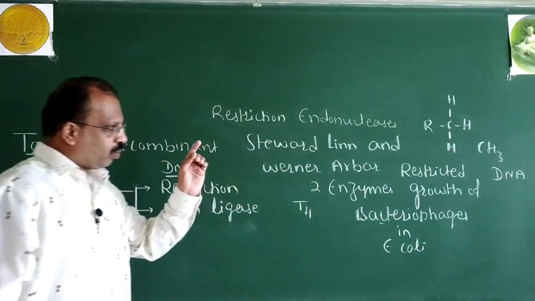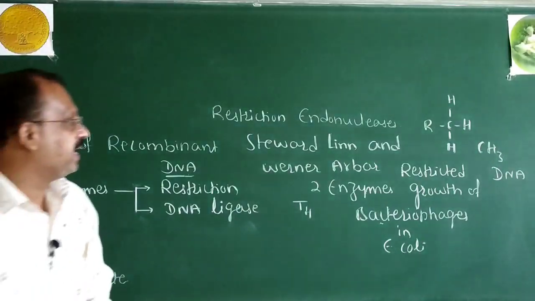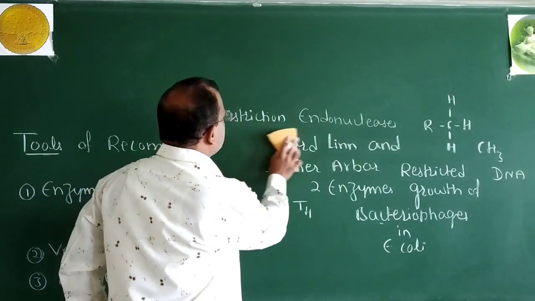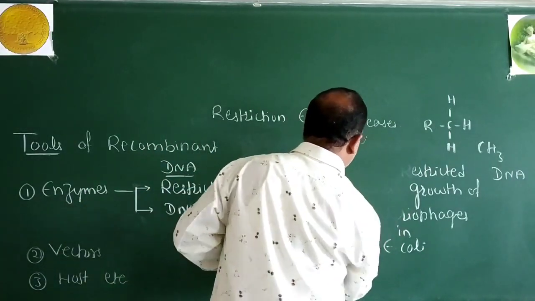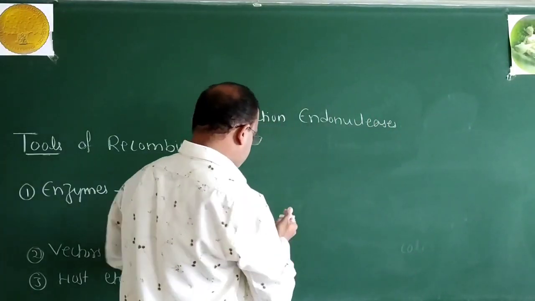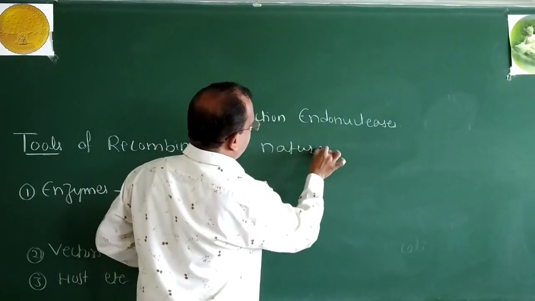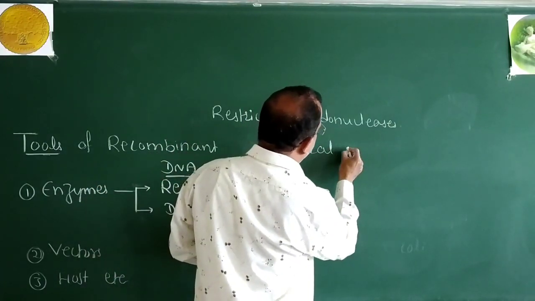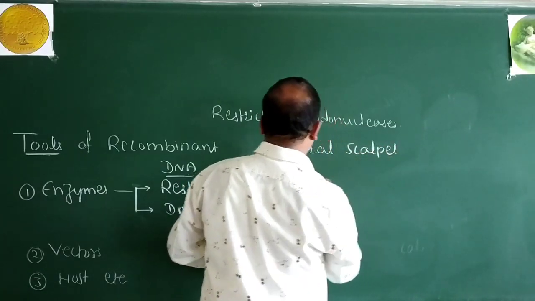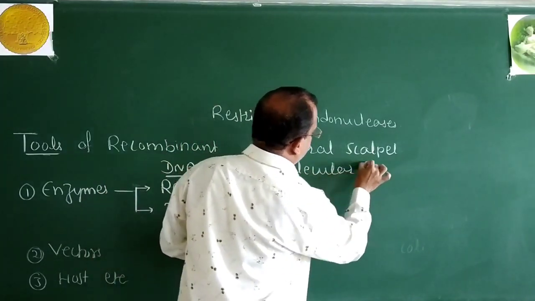One will add methyl group to the DNA and another one will cut the DNA. The one which cuts the DNA is called as restriction endonucleases, or you can call it as a natural scalpel or molecular knives.